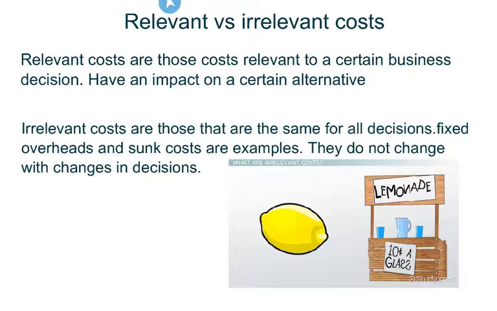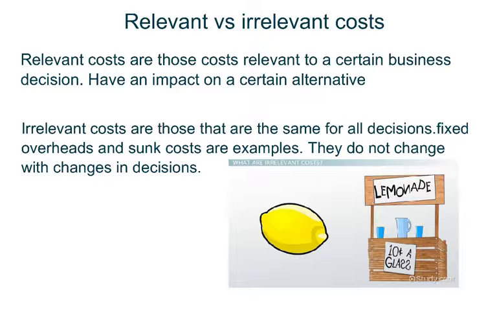Let's look at relevant versus irrelevant cost. Relevant costs are those costs relevant to the business decision. So if you decide to make lemonade from lemons, the cost of lemons will be a relevant cost. The cost of the stall where you are going to sell the lemonade is irrelevant, because you can sell Coke also at the stall.